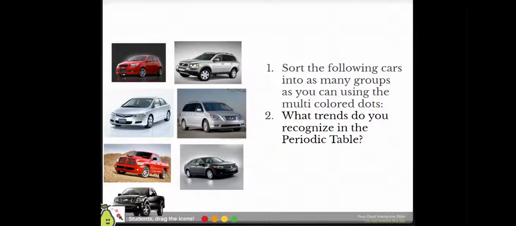Let's take another 45 seconds and see what trends we might be able to come up with in a few glances at the table. Excellent. So, what trends did you notice?